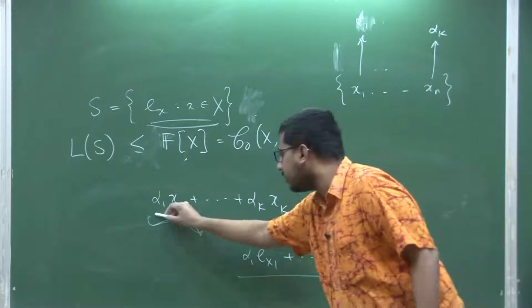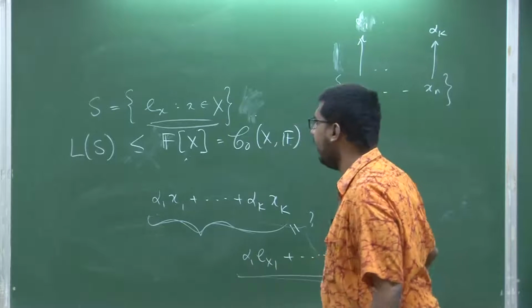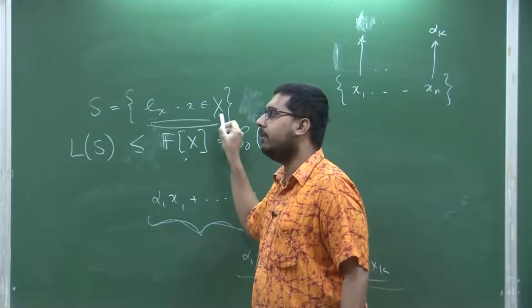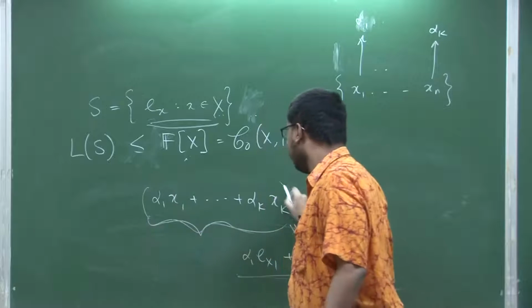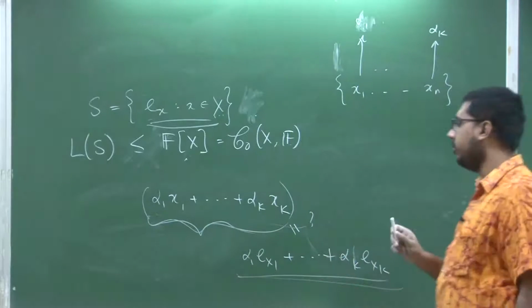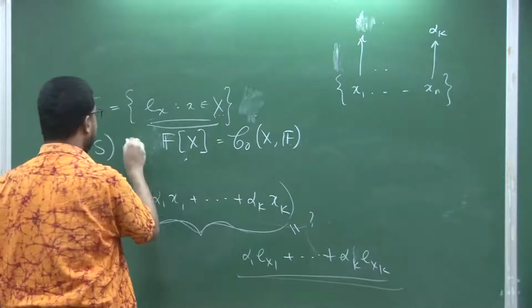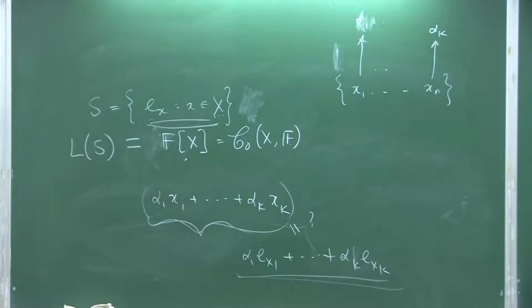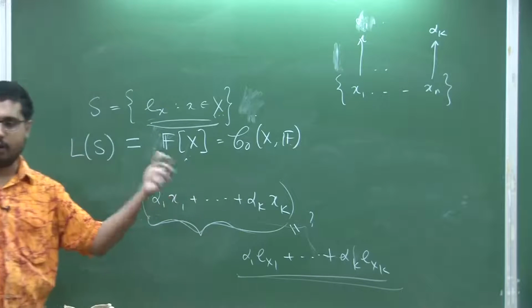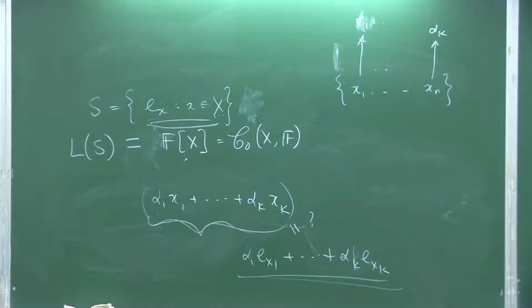So this notation tells me how to express that as a finite linear combination of elements from S. That is why I said these notations will be more handy. The upshot is, given this set S, the linear span of S is the full F of X, that is, the set of all functions which vanish beyond a finite subset.